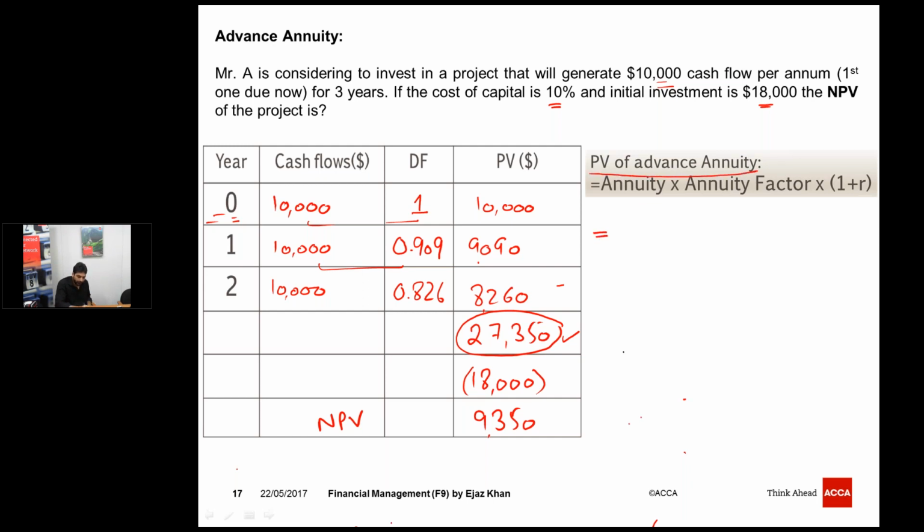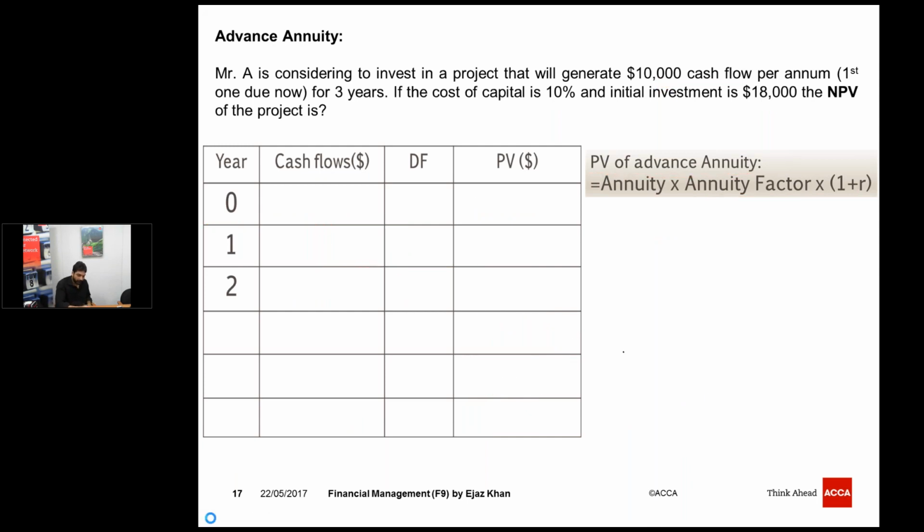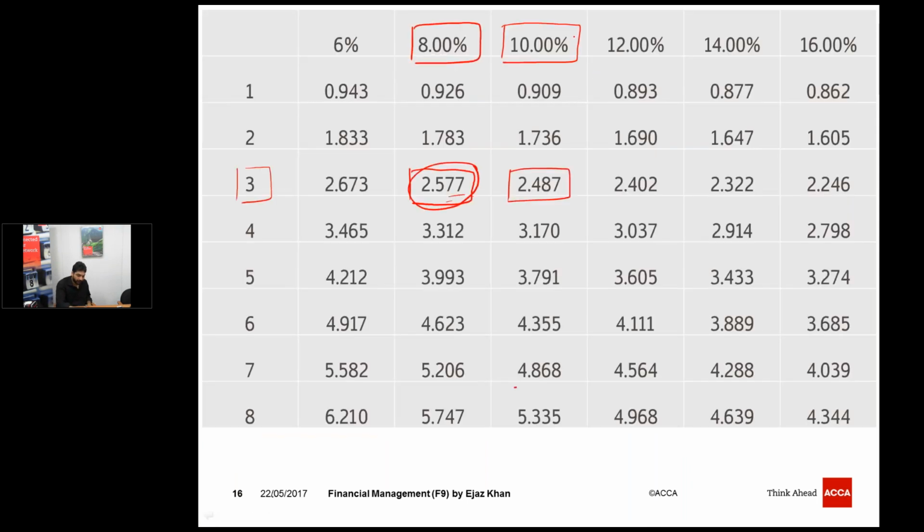All we have to do is write the annuity here, 10,000. Take the annuity factor for the project life, that is, we have a 3-year project life, so go to the annuity factor table. The discount rate is 10%. We have to pick the annuity factor for 3rd year, that's 2.487.